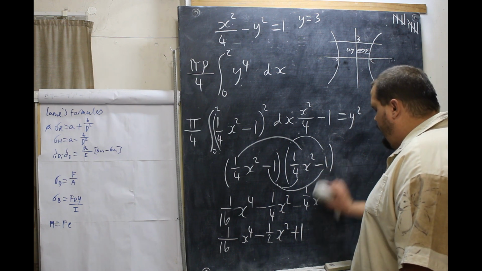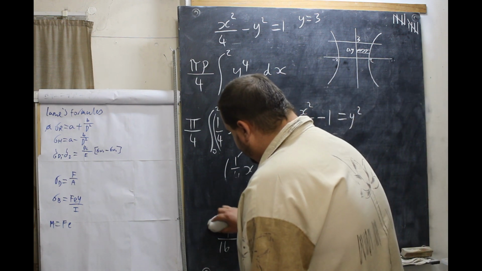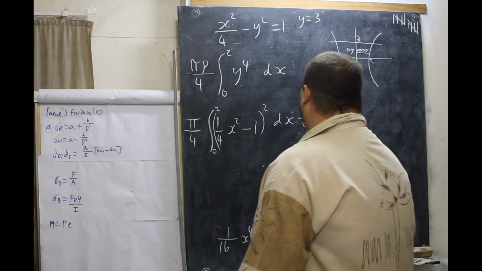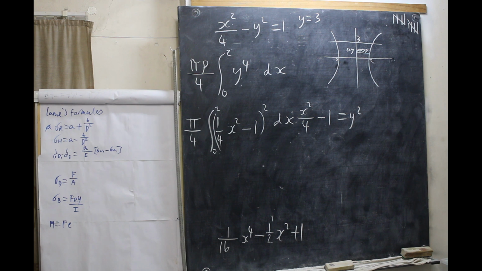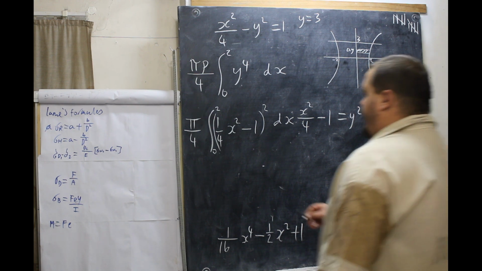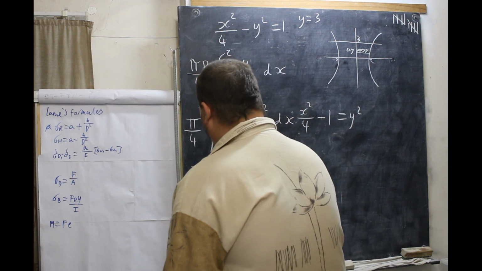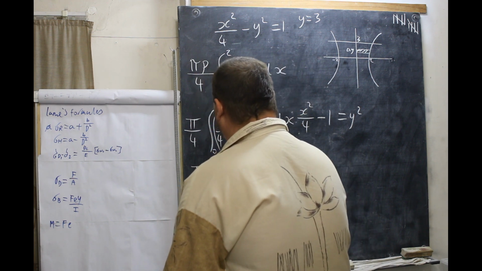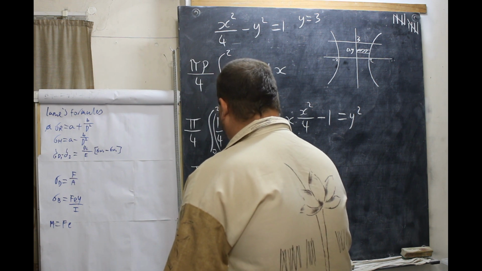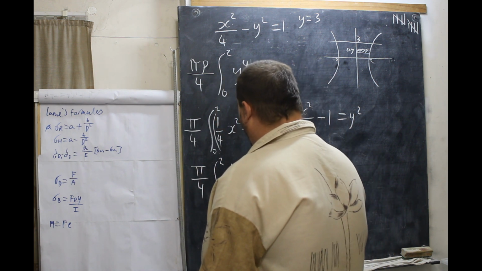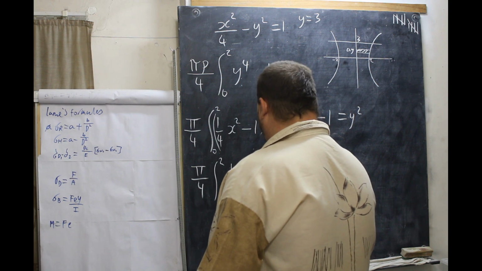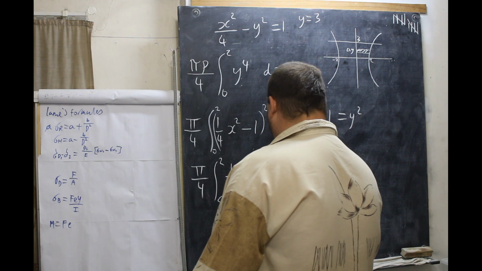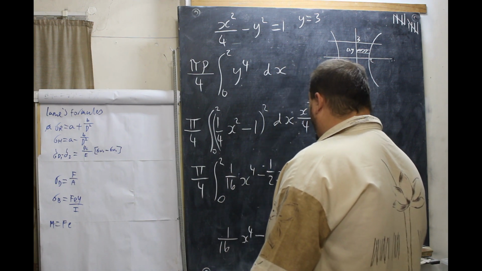So what we're going to do now is put this into our sum. So now what we have is pi over 4 times the integral from 0 to 2 of 1/16 x to the power 4 minus a half x squared plus 1.